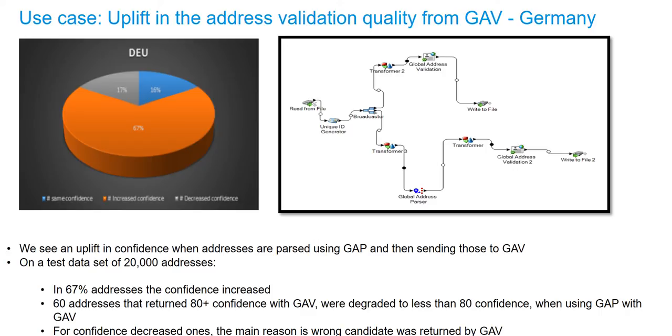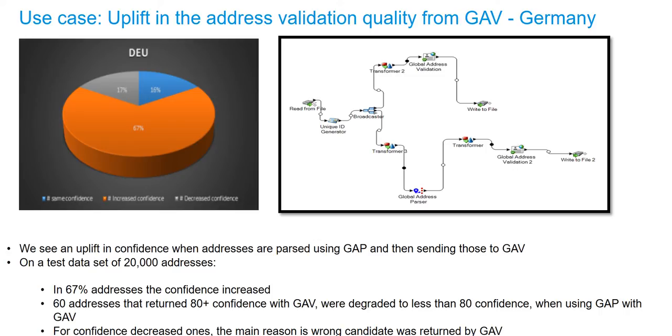So, the first point shows in case of Germany, 67% of the addresses had an increase in the confidence, which is a good win for the address parser.